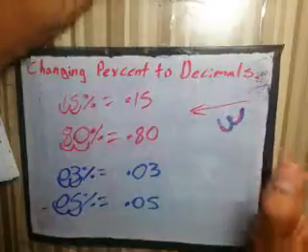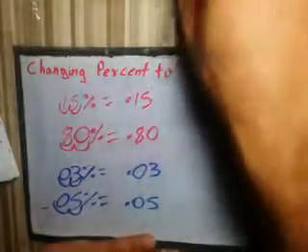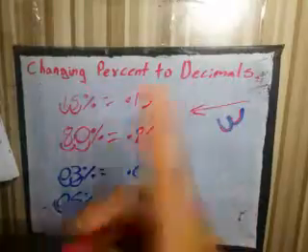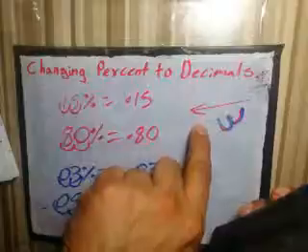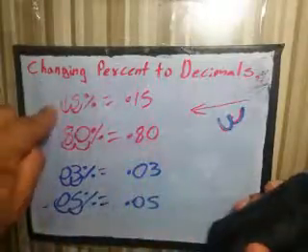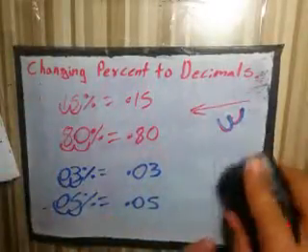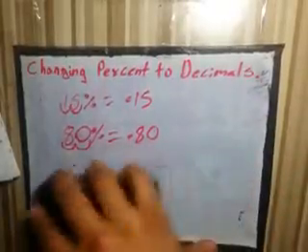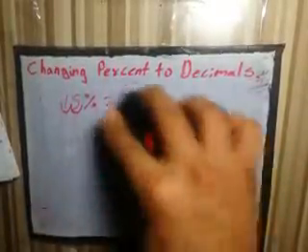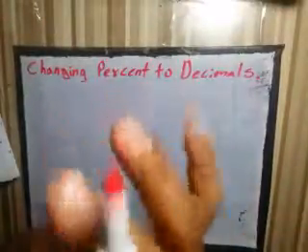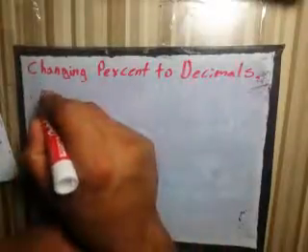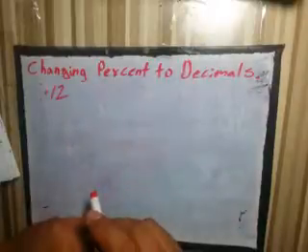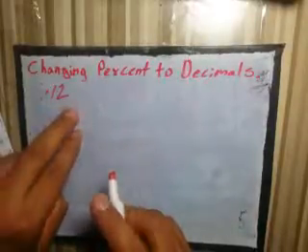Now we have to do a couple of examples of turning decimals to percent. This is the rule: two to the left when you turn percent to decimals. But now we have to do the opposite. Now we're going to turn decimals to percent. For example, we have 0.12 and you want to turn it to percent.